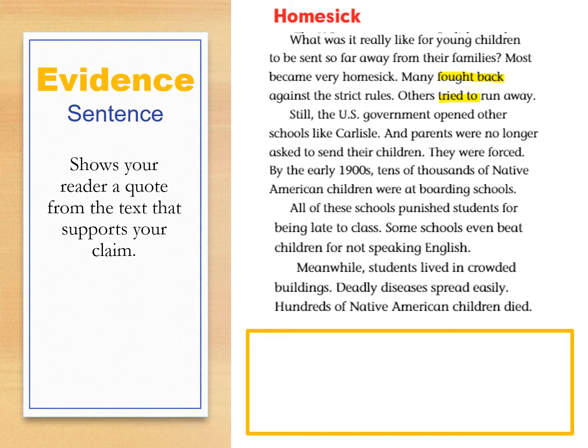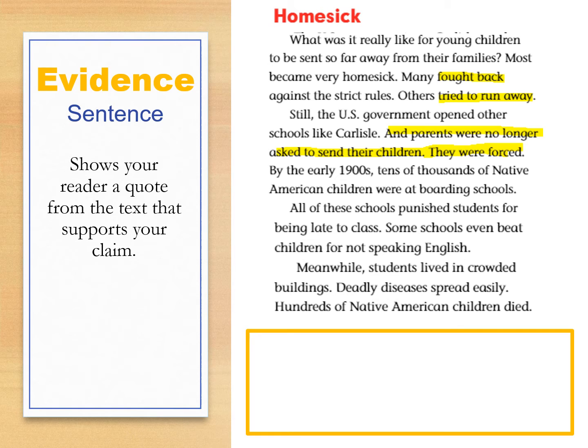Others tried to run away. Still, the U.S. government opened other schools like Carlisle, and parents were no longer asked to send their children. They were forced. Parents were no longer asked to send their children. They were forced. I mean, that's bad.